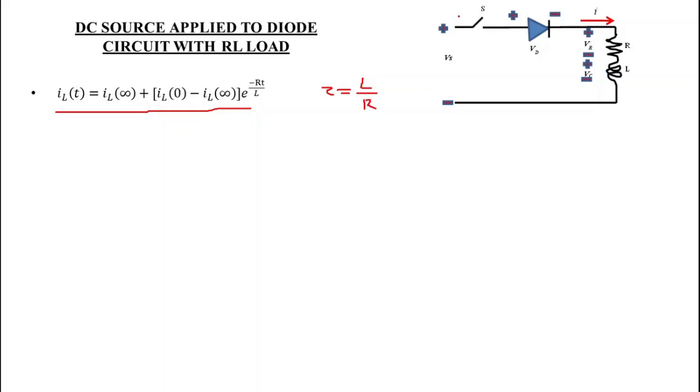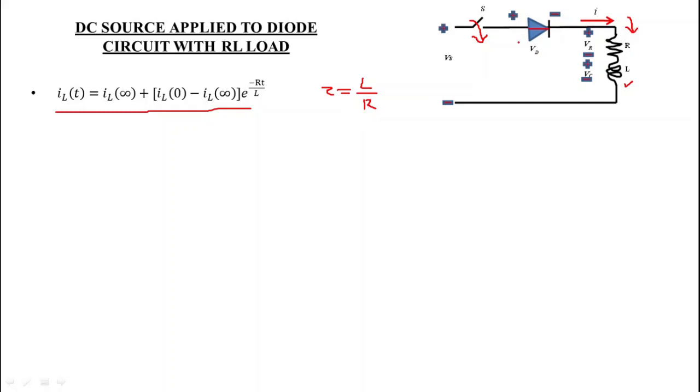Now when this switch is closed at t equals 0, then this positive potential is applied to this diode and the diode gets short circuited. When this diode gets short circuited, a sudden voltage is applied across this inductor L. We know that an inductor opposes the change in current, because when this switch is closed, current will suddenly try to flow through this inductor.